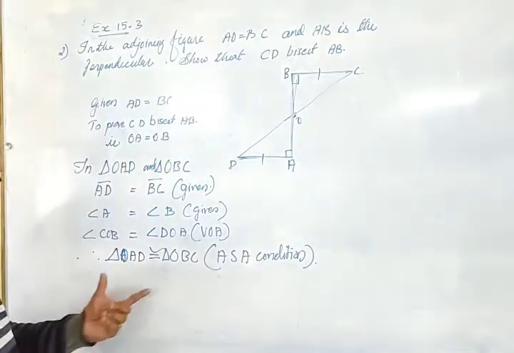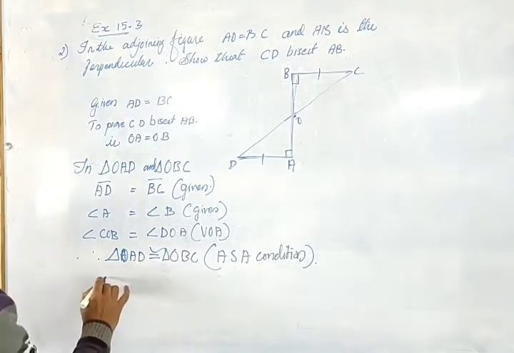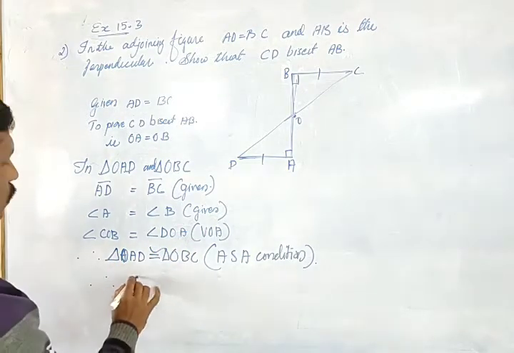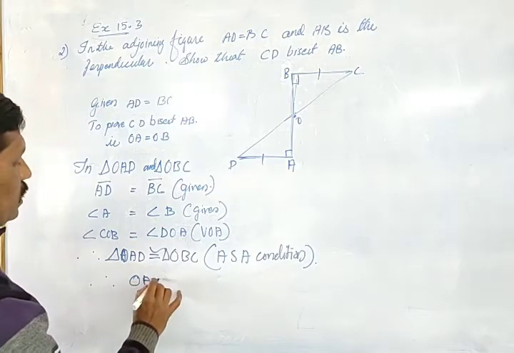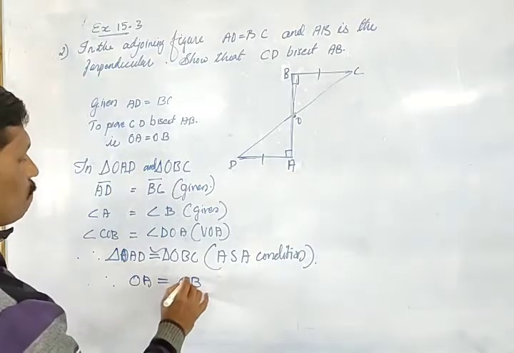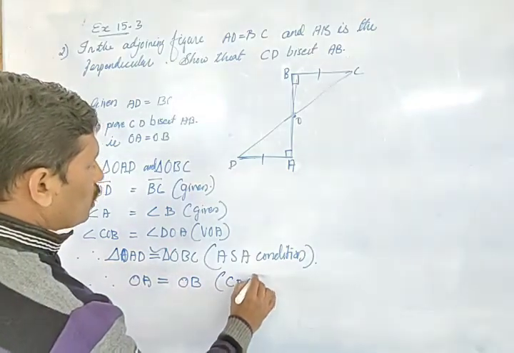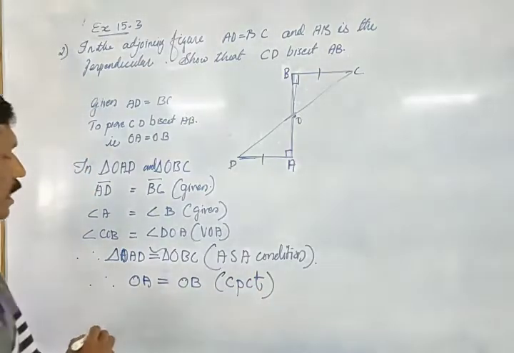So if these two triangles are congruent, then their corresponding parts also equal. Therefore, we can write that this OA is equal to OB. That means corresponding parts of congruent triangles, both are equal.